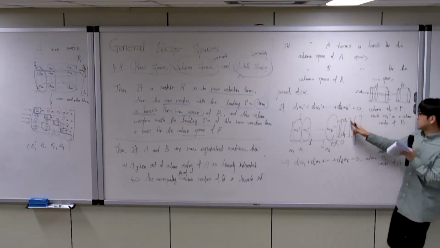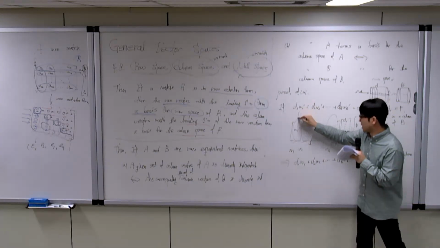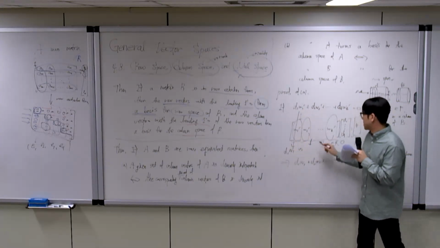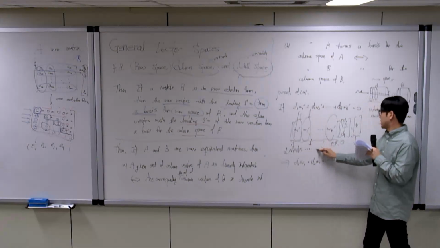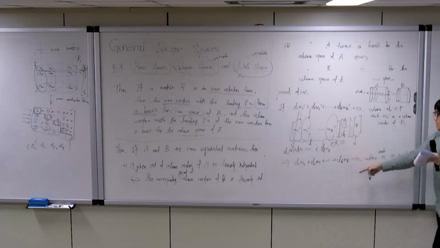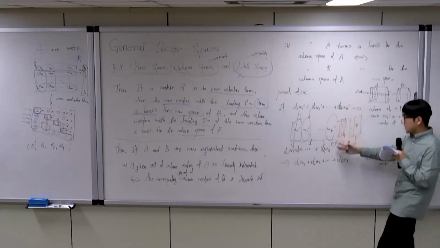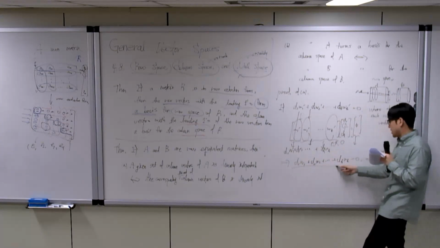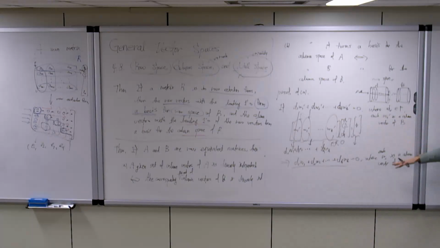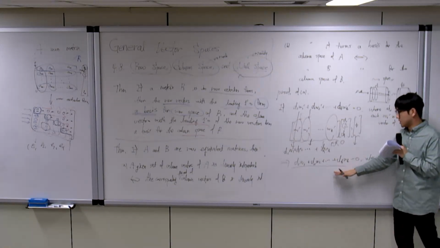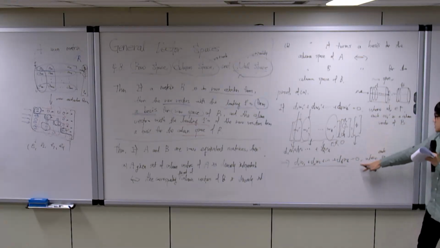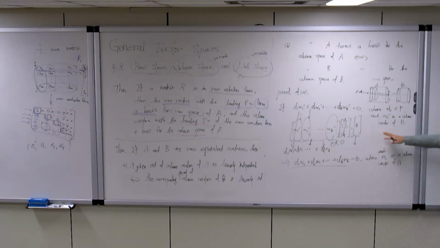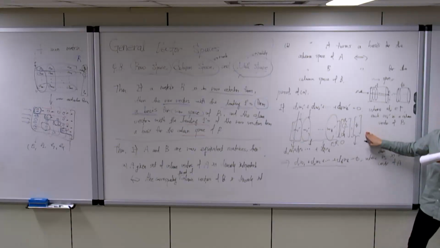That means d1 always multiplies the first column, d2 always multiplies the second, and dk always multiplies the kth column. So the left side gives the linear combination, and the right side always gives the zero vector, because elementary row operations will not change the zero vector.